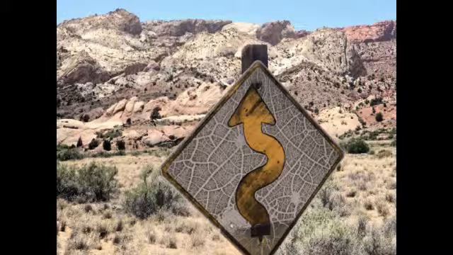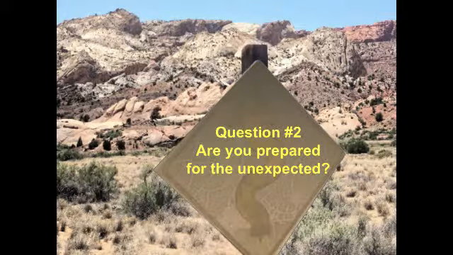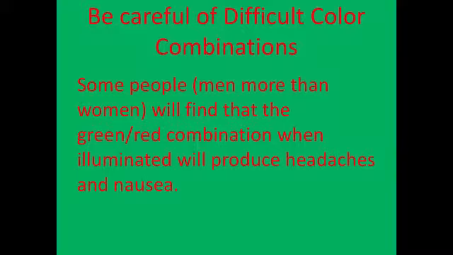I show this cool graphic that I love of the winding road that's all marked with dirt and stuff, and then overlay that with a text box the same shape as the sign, asking the question, are you prepared for the unexpected? So those are some design features that you might think about just to be a little bit more creative, a little bit more ingenious with using PowerPoint. So it's not just the stale, dry way to do that.